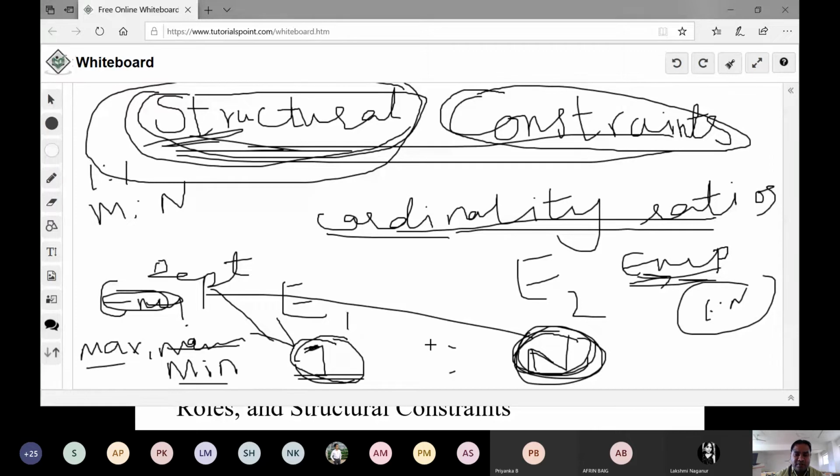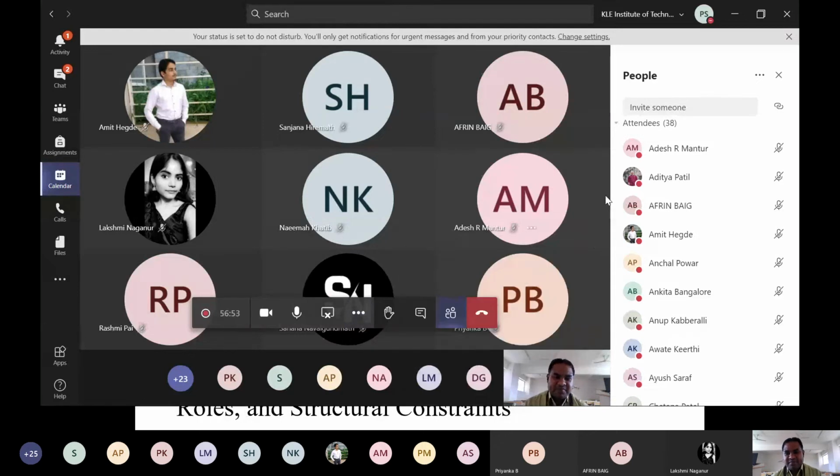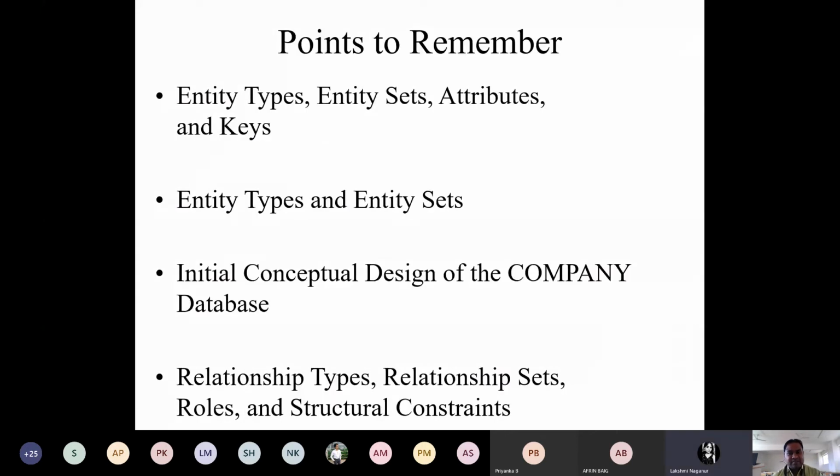Now, what will be the minimum value? One employee should belong to a minimum of how many departments, and a maximum of how many departments? One employee should belong to only one department. Minimum how much? Maximum how much? Anybody have the answer? Please think.